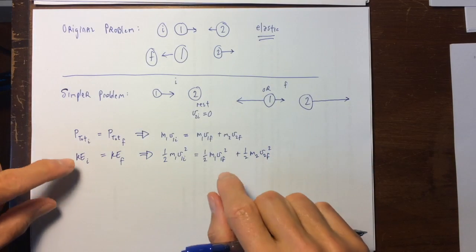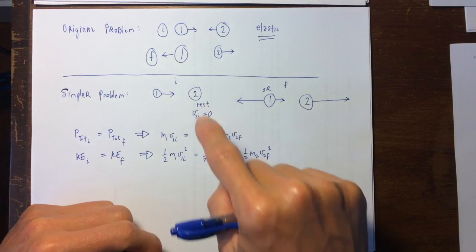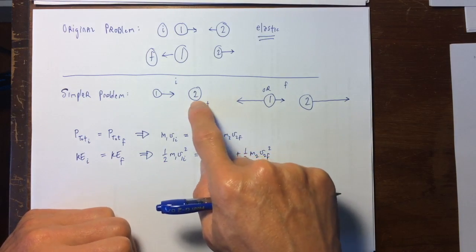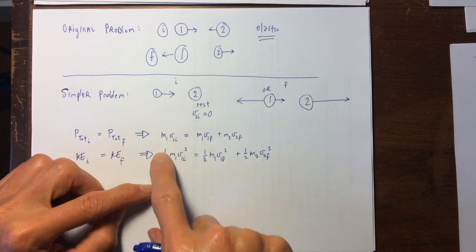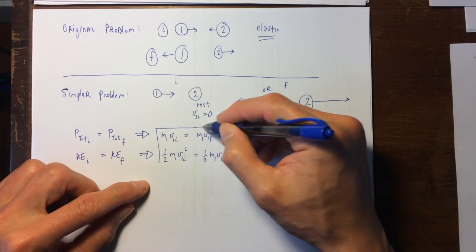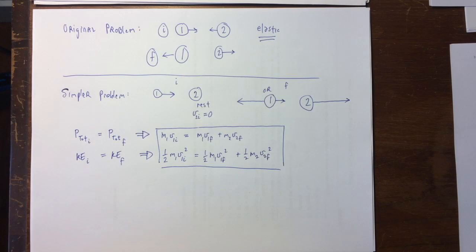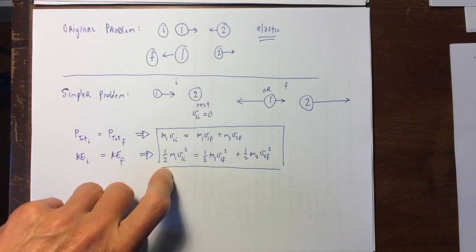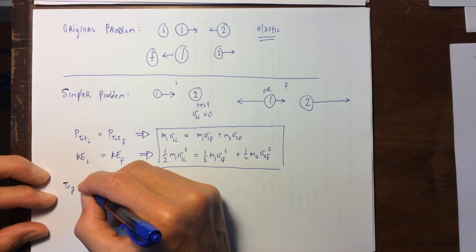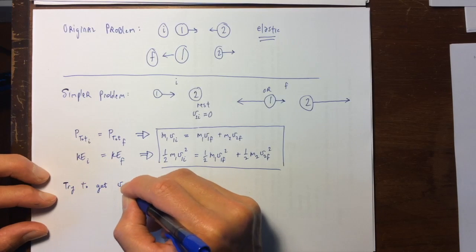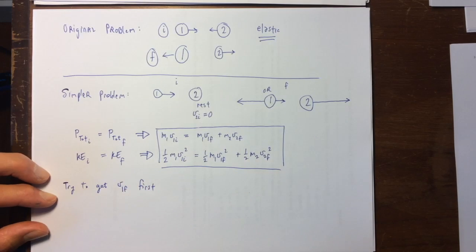Right, and so in this simpler problem, where V2 just simply starts at rest, it's not nailed down, it just happens to be a situation where it neither has momentum or kinetic energy to start with, which is possible. That situation gives rise to these two equations. So let me think a second here. If I want to solve this, let's try to get V1 final first.